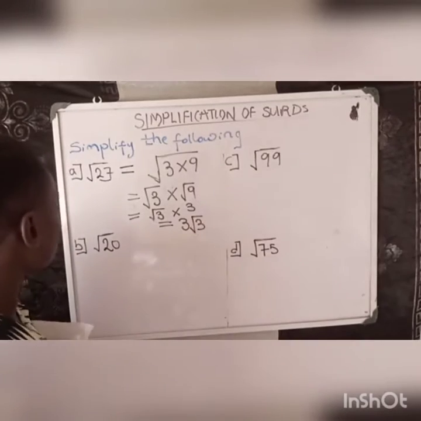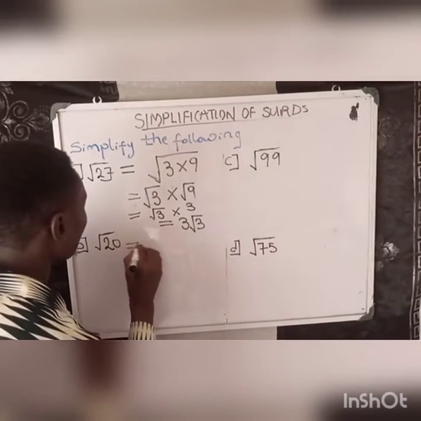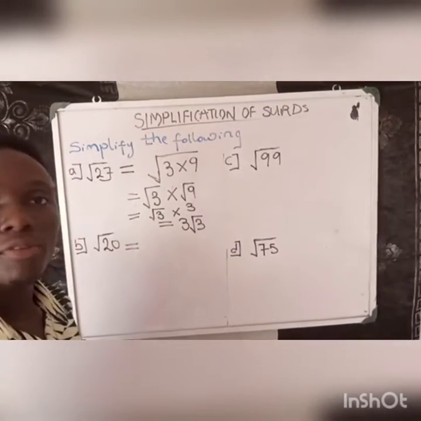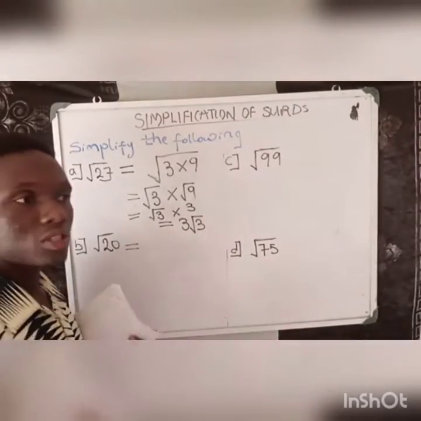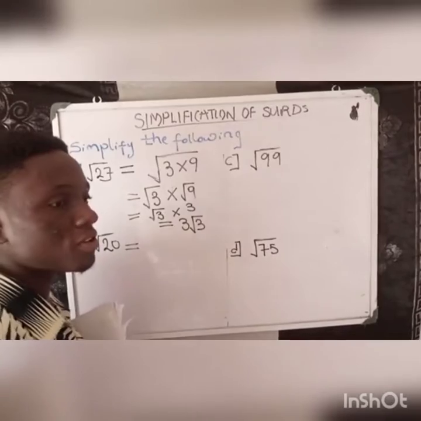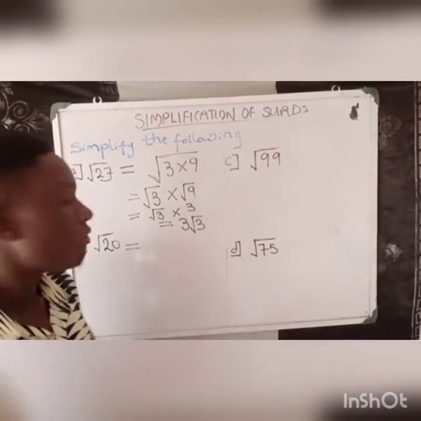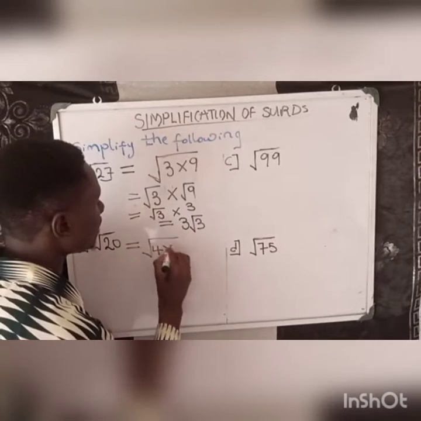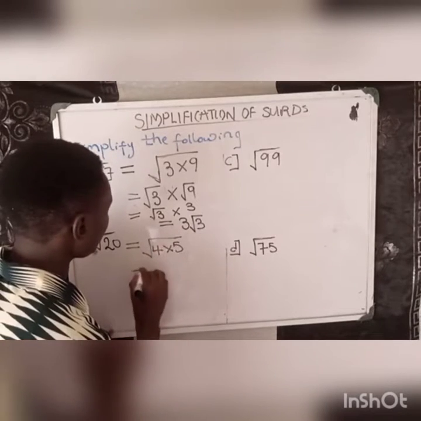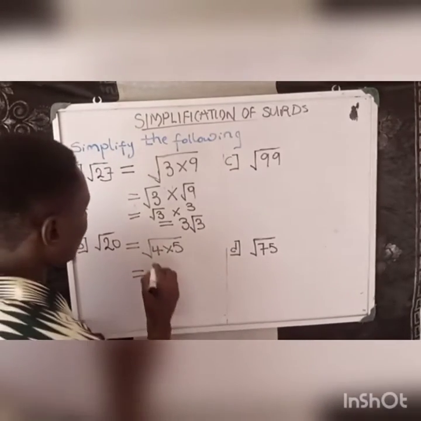Let's see the second example to understand further. You check the perfect squares between 1 and 20 that can divide 20. You check 1, 2 is not a perfect square. 4 is a perfect square. So you can express this as 4 times 5. You can also separate it now.